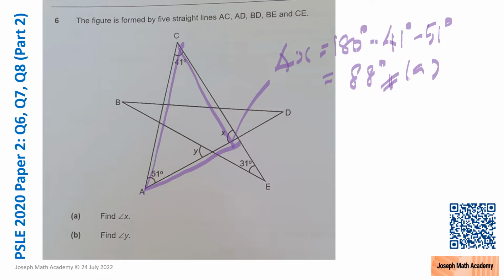Now, what about angle Y? Angle Y is actually in the dark blue triangle. Why? Because angle Y is opposite to this angle here, so it's a vertically opposite angles property.